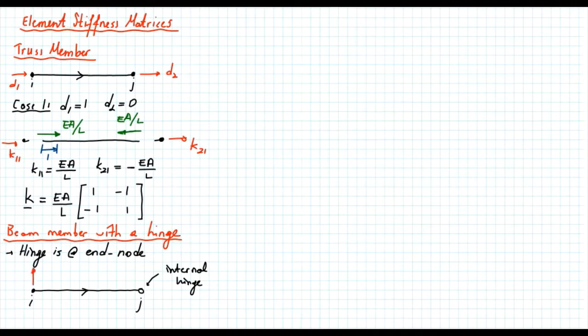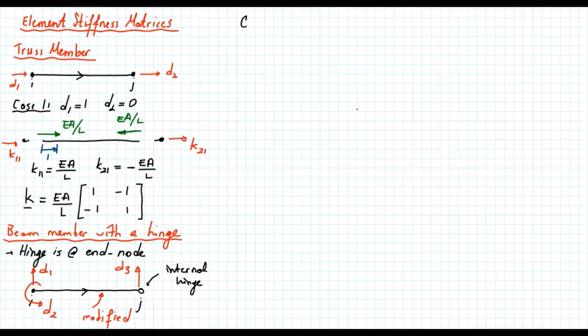This is D1, D2, and D3. Remember that we will be using the modified equations for this member, like we previously did, and that's why I don't have to define any rotational degrees of freedom at the end node. Okay, so continue.